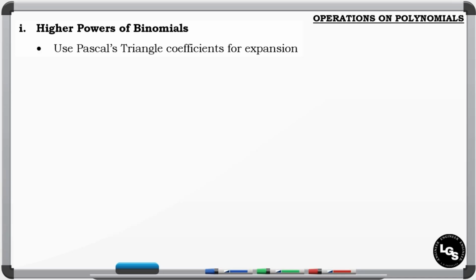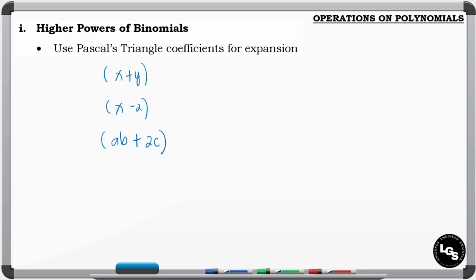So examples of binomials, we have x plus y, x minus 2, AB plus 2C. So, these are some of the examples of a binomial.